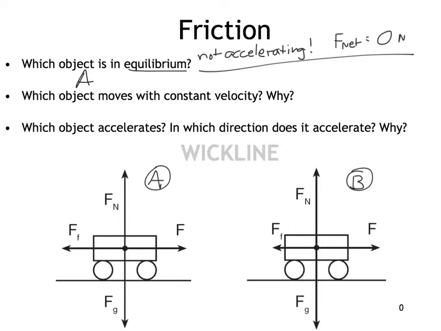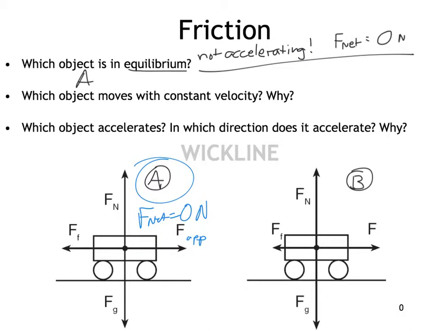And the reason is because looking at object A, Fn and Fg are equal in size, so they'll cancel each other out. Also, the Fap is equal in size to the Ff. So overall, the Fnet is going to be 0 newtons in cart A.